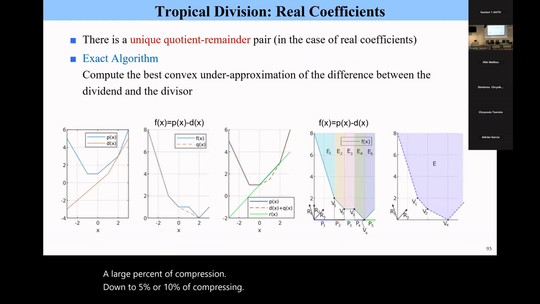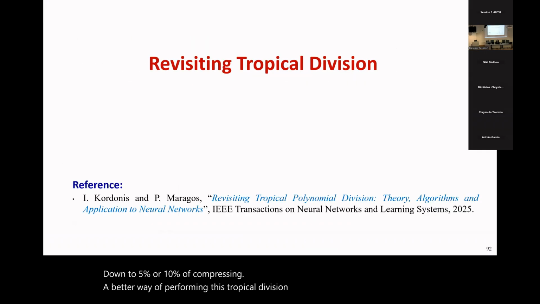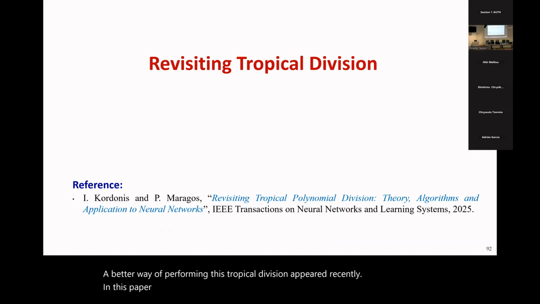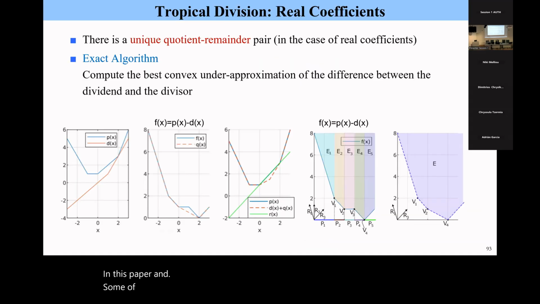A better way of performing this tropical division appeared recently in this paper, and some of the improvements for tropical division consist of the following two results. First, by using real coefficients, whereas before in the polynomials used we had integer coefficients.